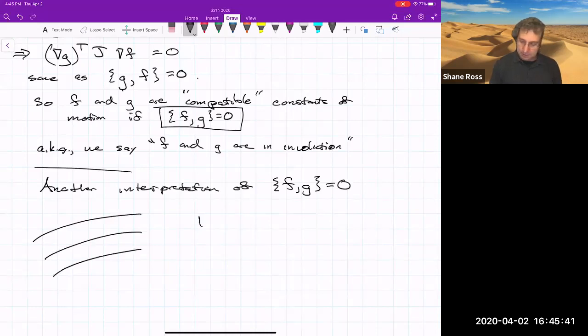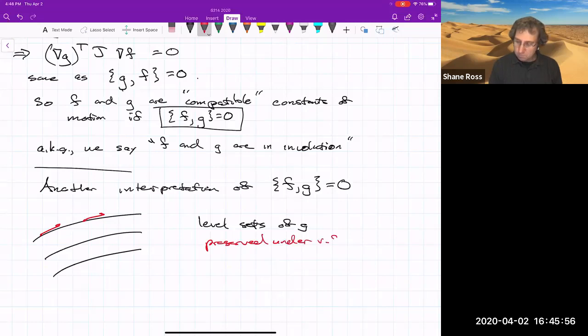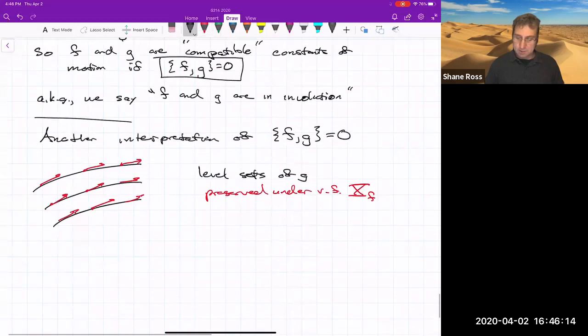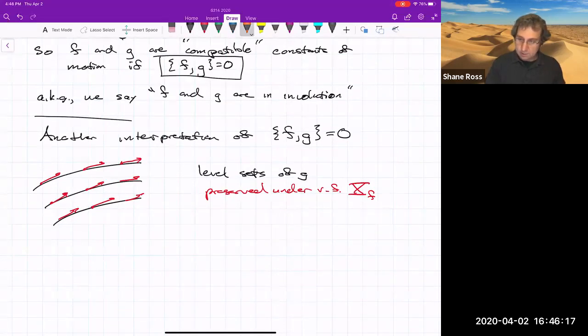If I've got level sets of G, they would be preserved under the vector field generated by X_F, the Hamiltonian vector field of F. But it's also true the opposite way, right?